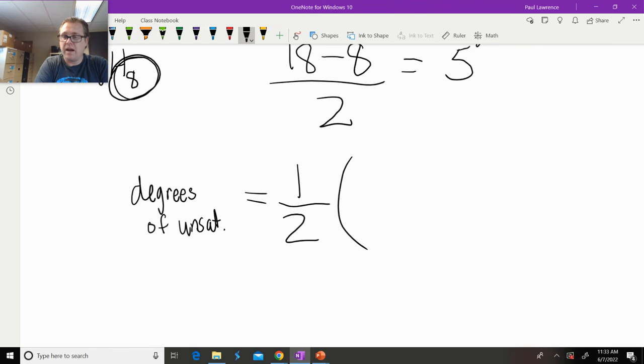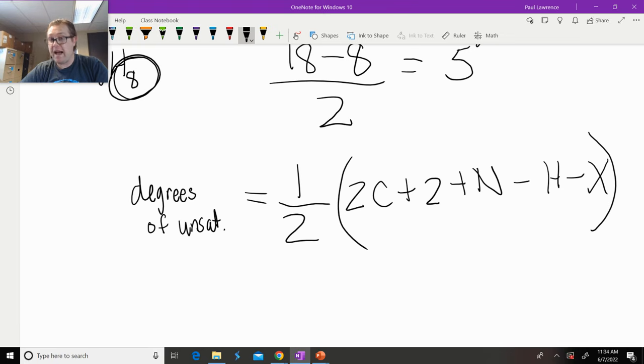One half times 2 times the amount of carbons you have, plus 2, plus how many nitrogen atoms you have, minus how many hydrogens there are, minus how many halogens you have. And that will tell you the degrees of unsaturation.